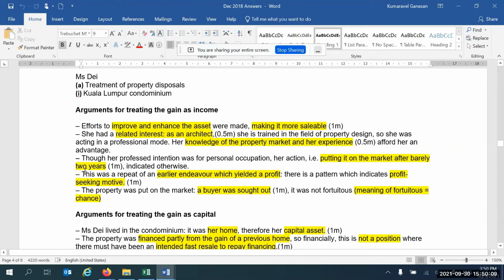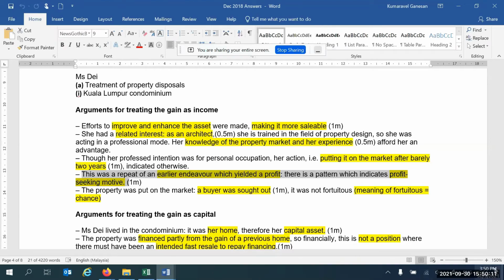This one actually we didn't really find because it's a bit hard. That means here they are arguing that there's already a pattern even though it's twice. But you can flip it over. Now, this meaning of fortuitous, I wrote myself. Fortuitous means chance. You don't have to write such bombastic words. So there are some points that you can get.